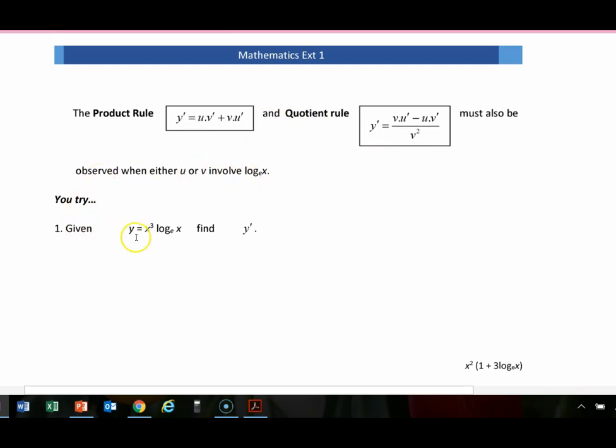Notice that now we've got a situation where either u or v involves a log. So here, y is equal to x cubed times log of x to base e.